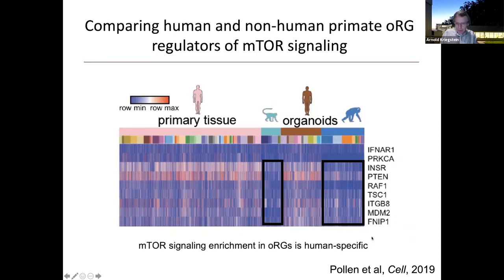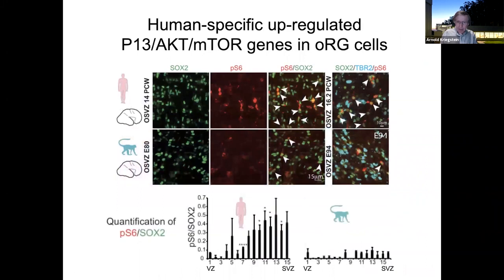So what this tells us that we didn't know before is that the mTOR signaling enrichment in outer radial glia that I highlighted earlier is a human-specific feature. That's documented here, where we went to macaque tissue and showed that the upregulated pathway in outer radial glia in human is not upregulated in macaque.